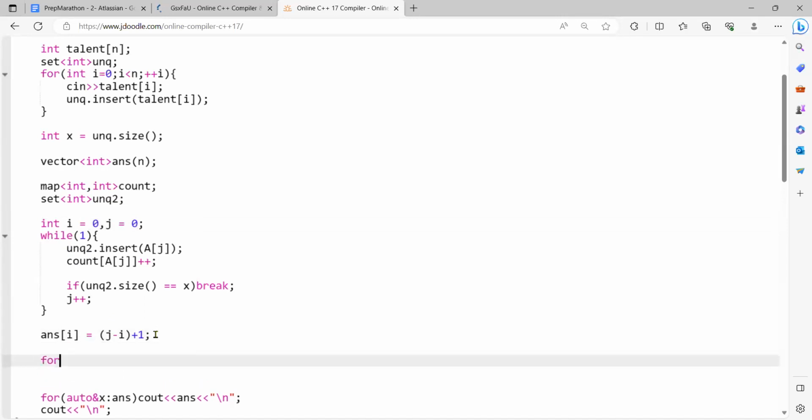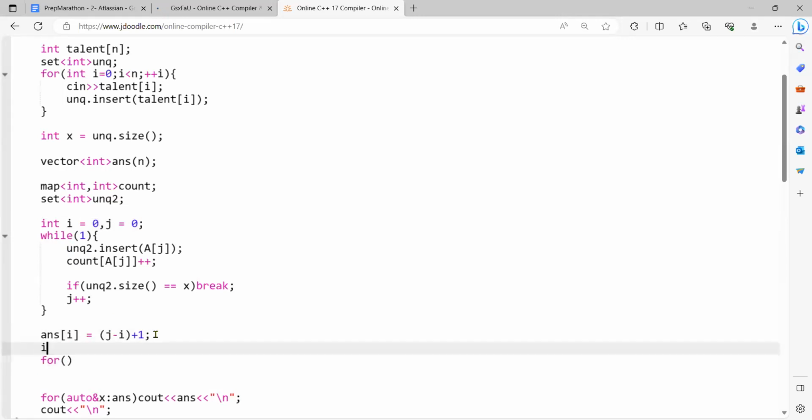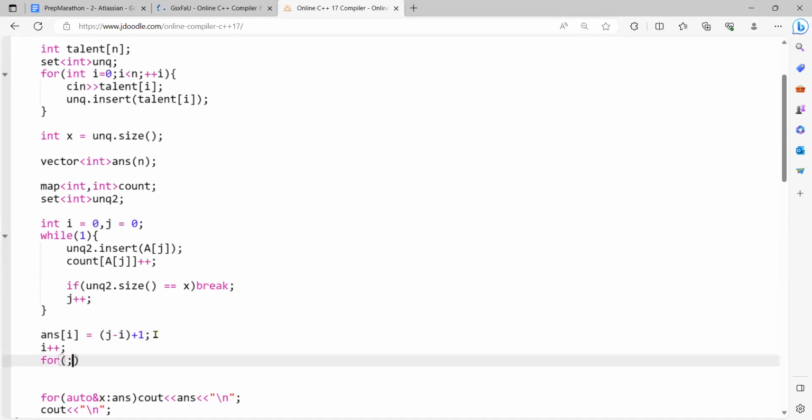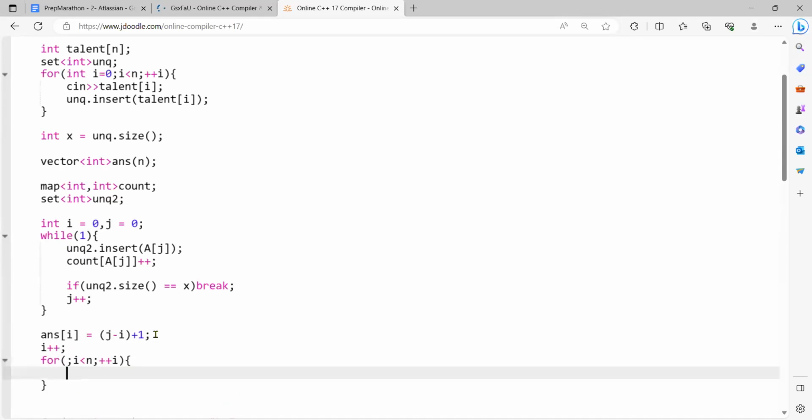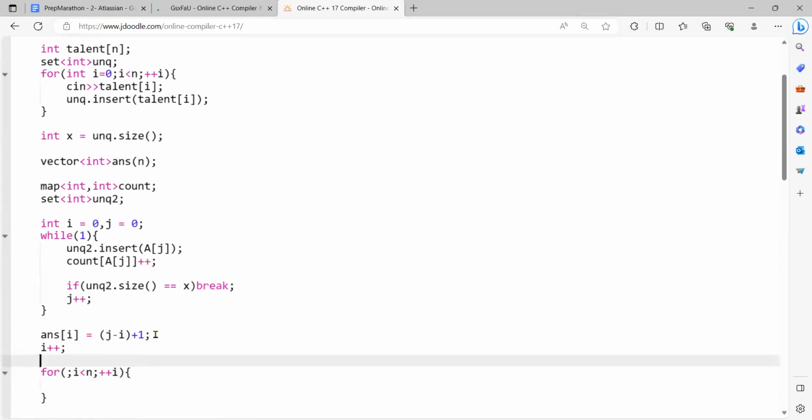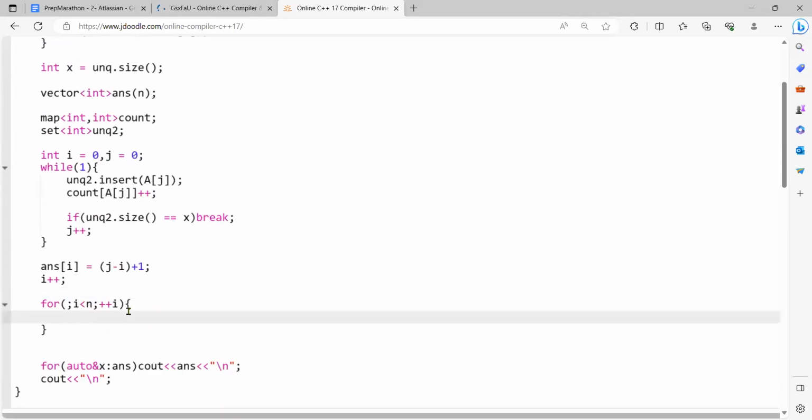Now for all other indexes, my i is already updated, so i++, i should be less than n, ++i. So for all other indexes, I'll find this. What is the length required?